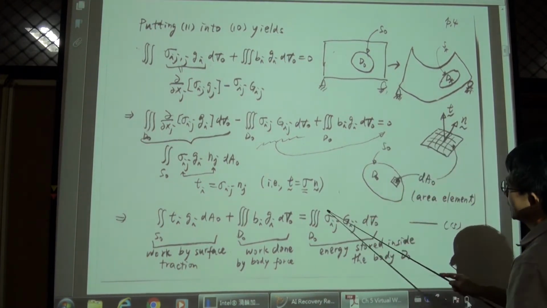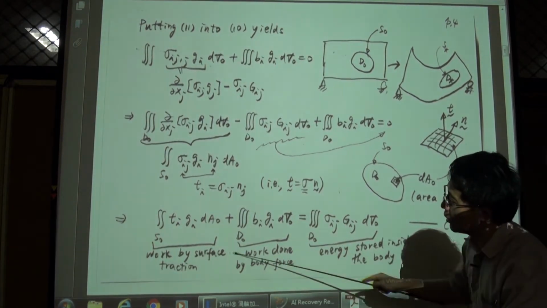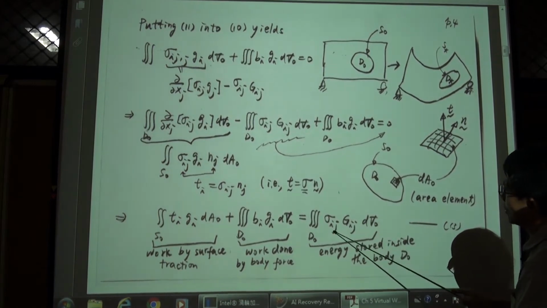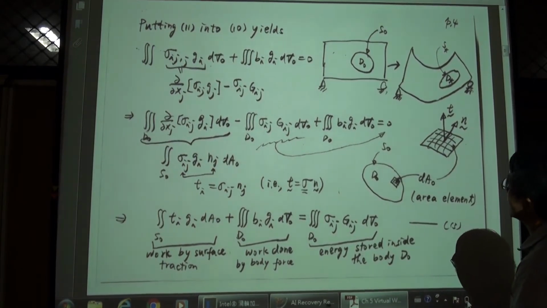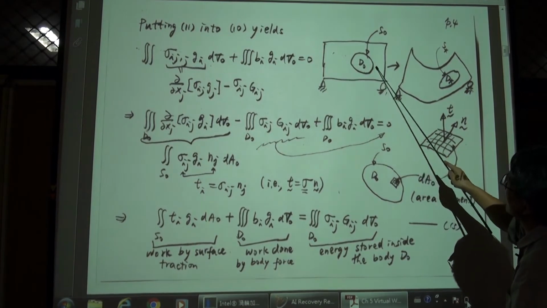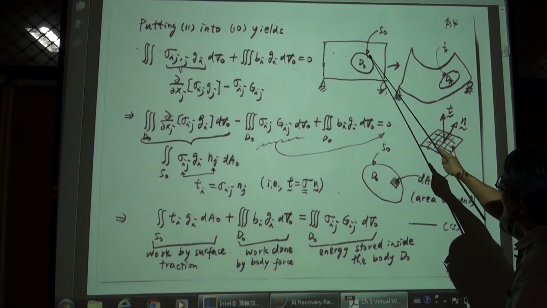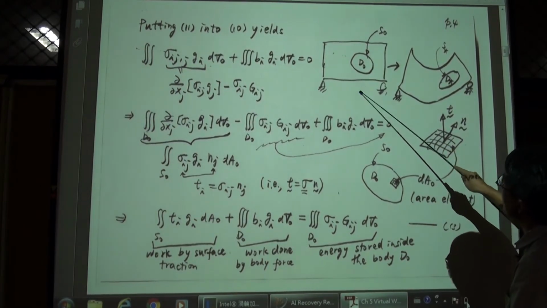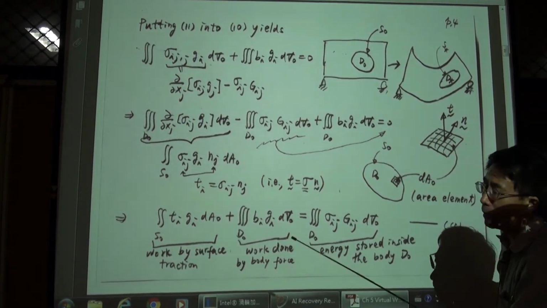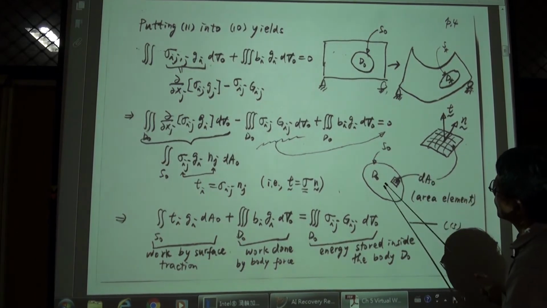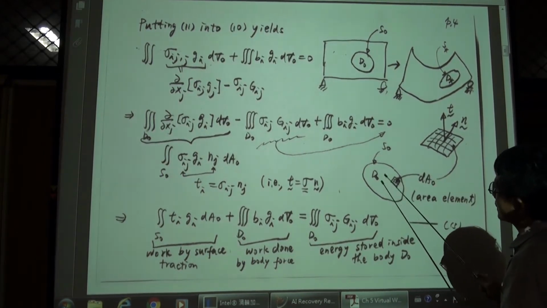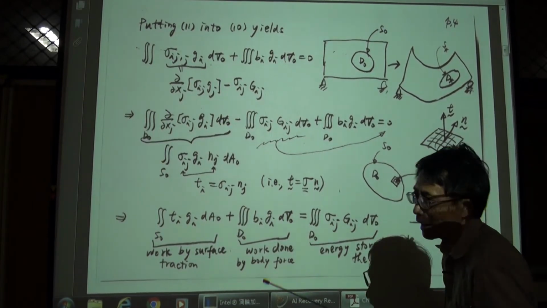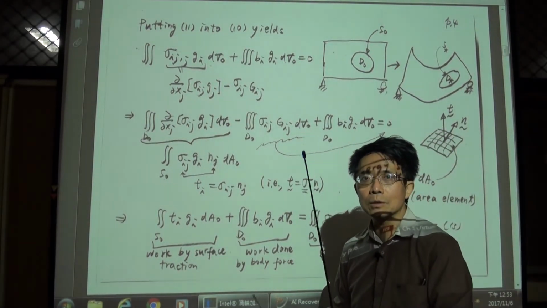So the external work done equals the internal energy stored inside the body. Understand? We have an area like this, on which some traction is applied, and also body force applied in this domain, and then it will deform such that some strain energy will be developed inside the body.